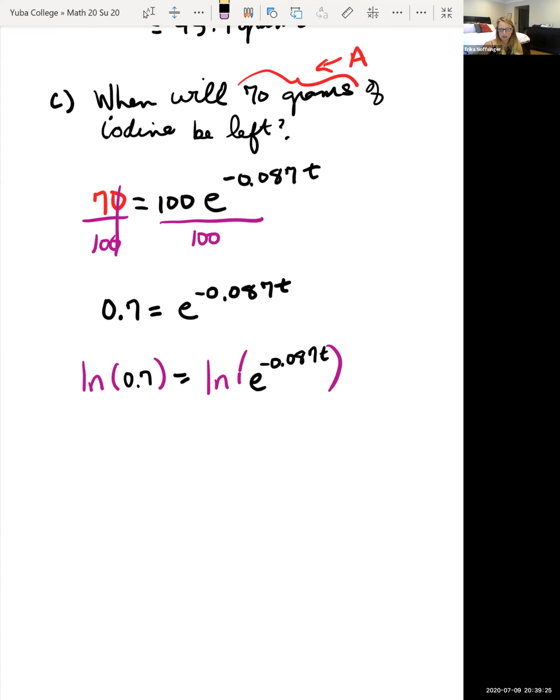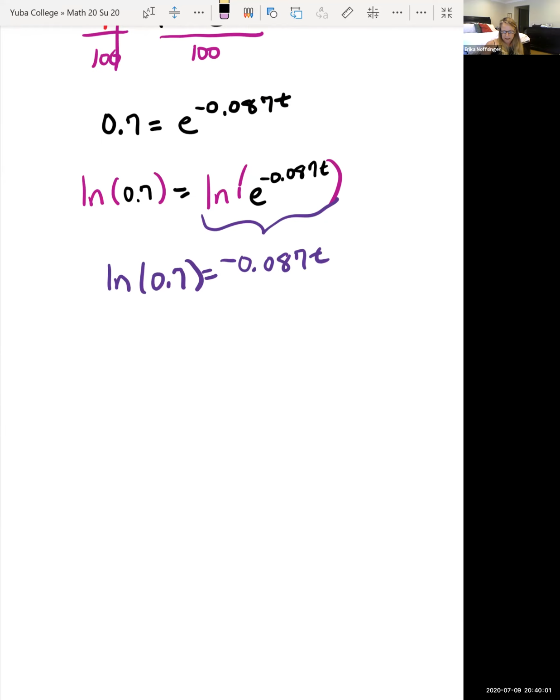Natural logs are just exponents, so you're thinking, what am I raising e to get this back? e to the negative 0.087t, well, that's just negative 0.087t. I can't get rid of the natural log over here, I don't know what I raise e to get this back, so I'm going to keep it as natural log of 0.7 is equal to this.